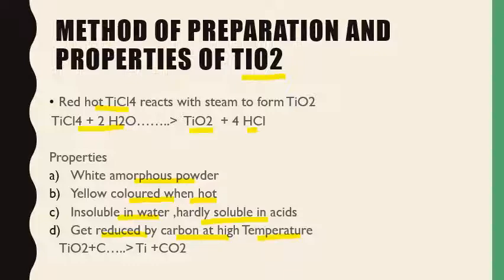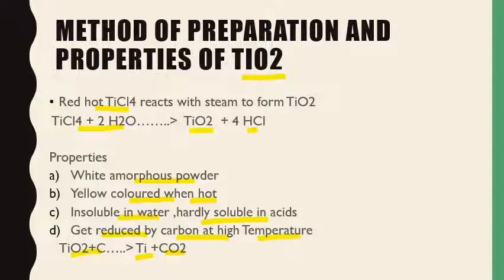So here you can see the reaction of the reduction of titanium from titanium dioxide through carbon. Understood? So here we have the reduction by carbon. So it gets reduced by carbon at a high temperature.